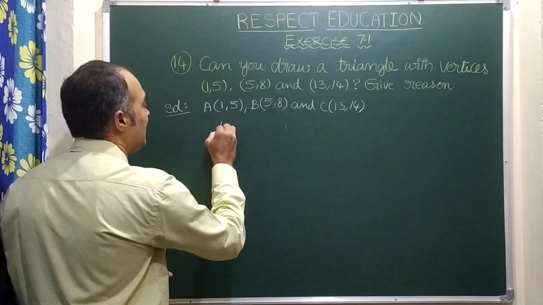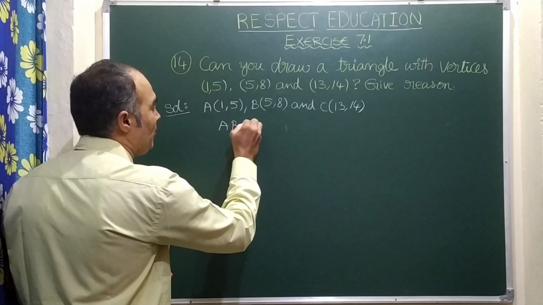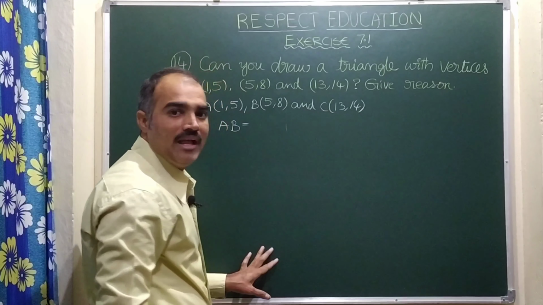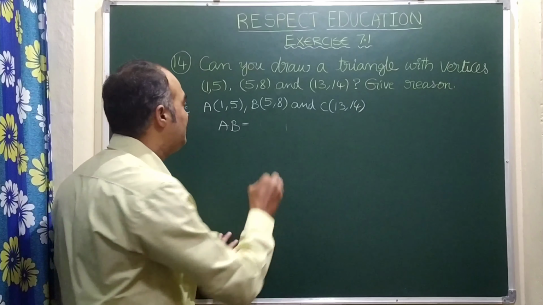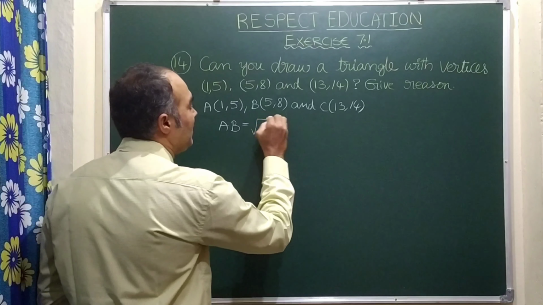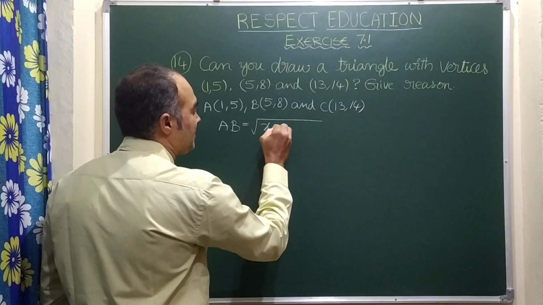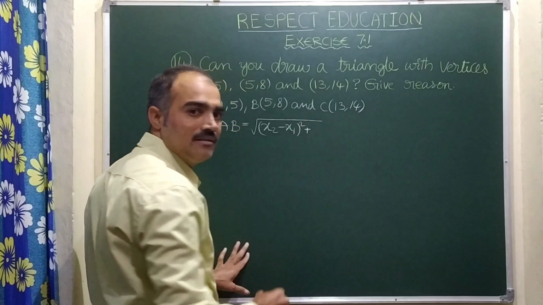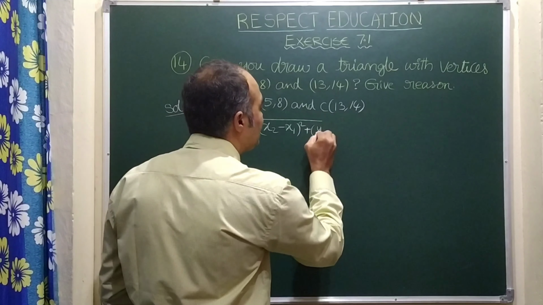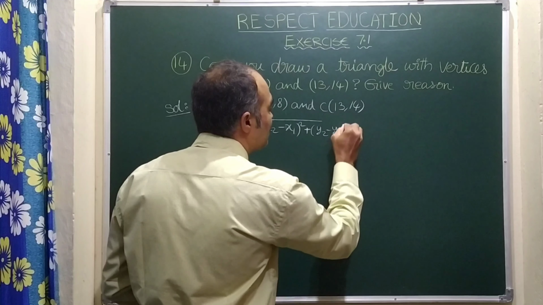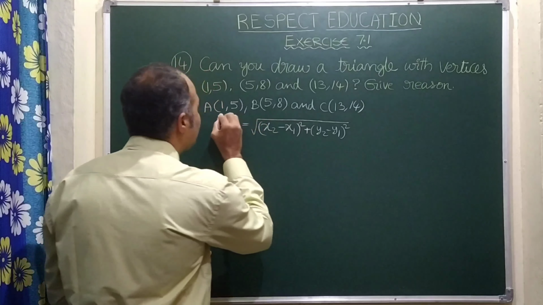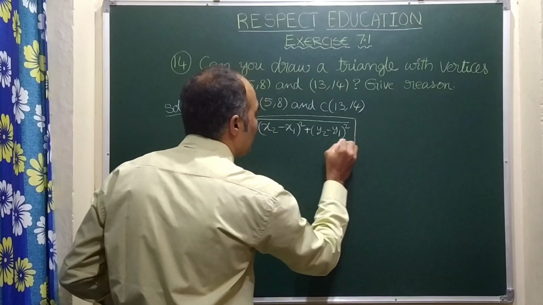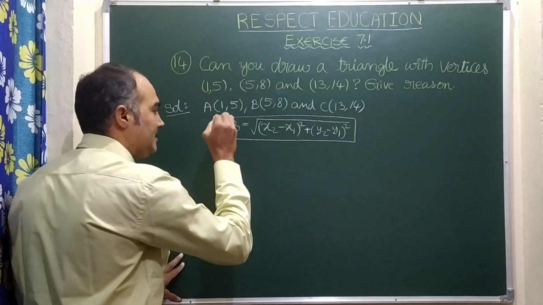The distance formula: the distance between the points A (x1, y1) and B (x2, y2), that is AB, is under root (x2 minus x1) whole square plus (y2 minus y1) whole square. Based on this formula we are going to find the distances.